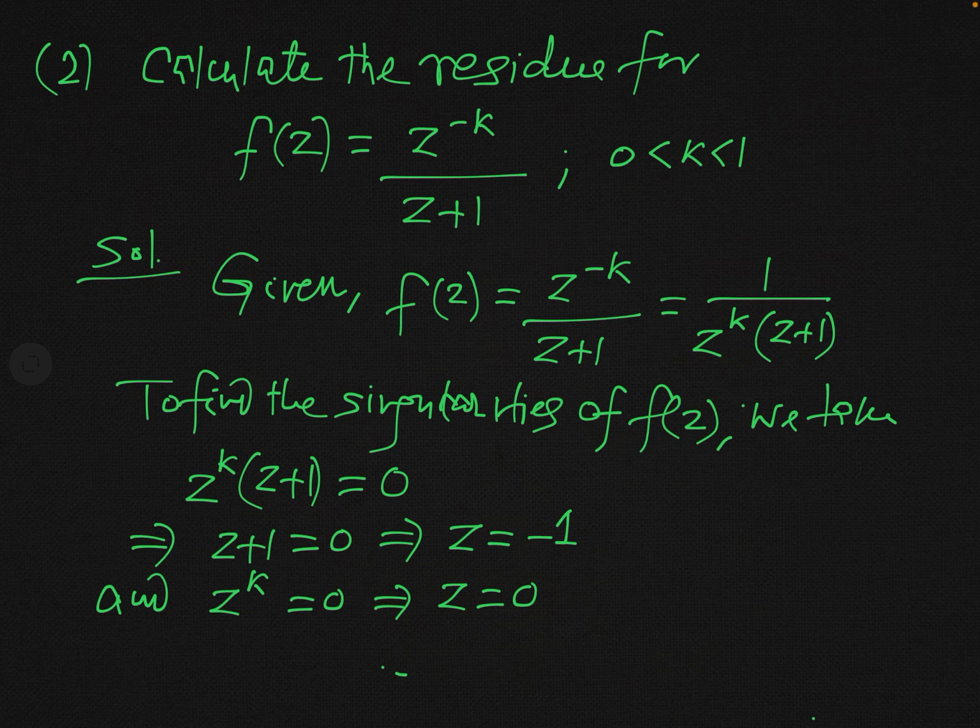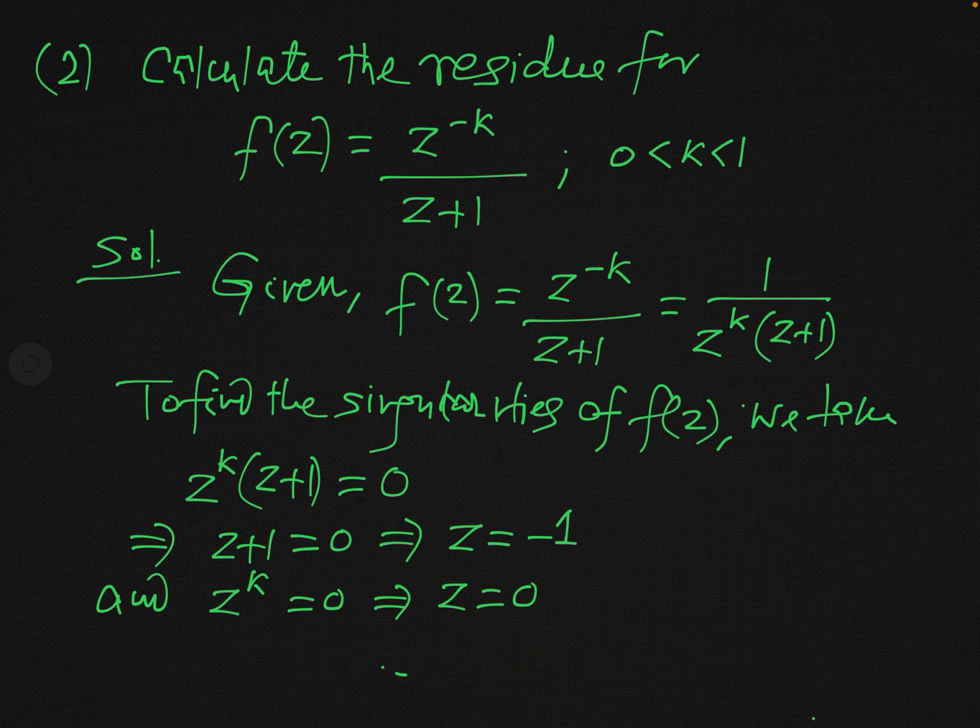So this problem is somewhat different from the first problem, but the technique will be the same. You can see here f of z is equal to z to the power minus k over z plus 1, and this may be written as 1 over z to the power k into z plus 1.